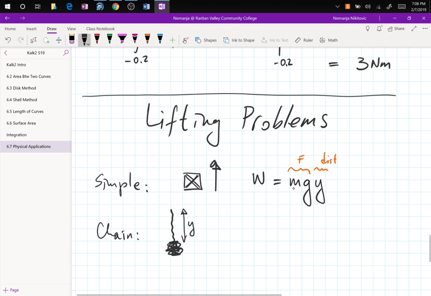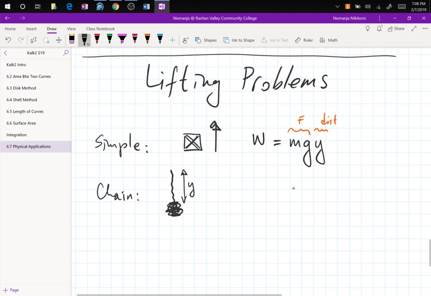The distance of how high you are going is changing, and what else is changing? The mass of the system, because you keep adding more mass to this. So you have two things that are growing in this particular system. So now we have to set up the integral for that. It's going to be a dy integral because we are lifting up, right? We like our y-axis to be up.